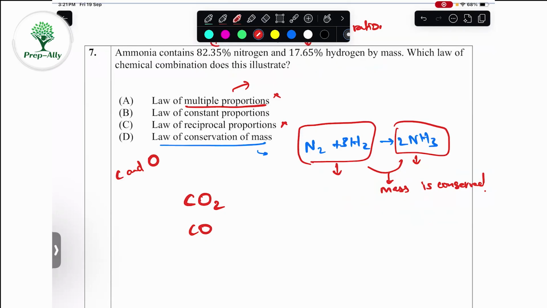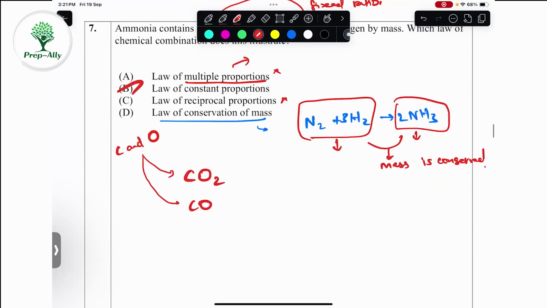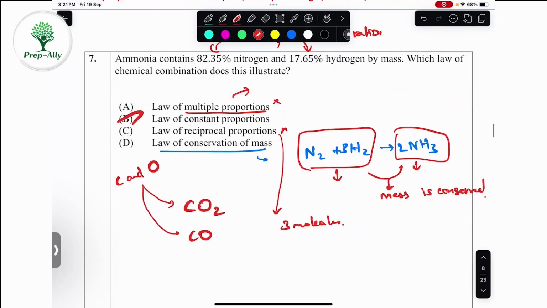Now carbon and oxygen can combine in two different proportions, right? So this is called the law of multiple proportions. So here they are not referring to two molecules, only one molecule. So it is going to be a fixed ratio. So I can select B, law of constant proportion, directly. Reciprocal proportion will involve three molecules. So it won't be an answer.